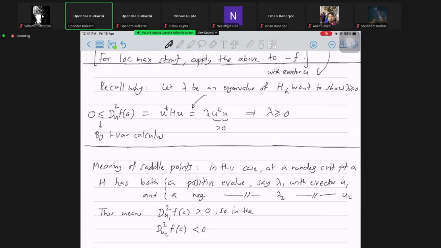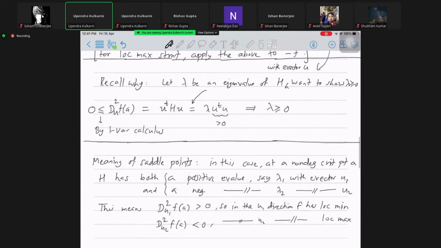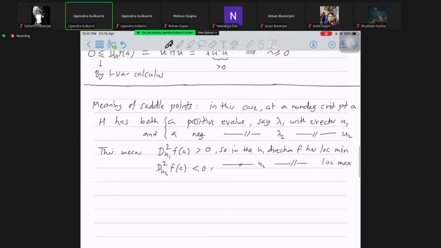So in the U1 direction, f has a local minimum, and in the U2 direction, f has a local maximum. So this is the situation.